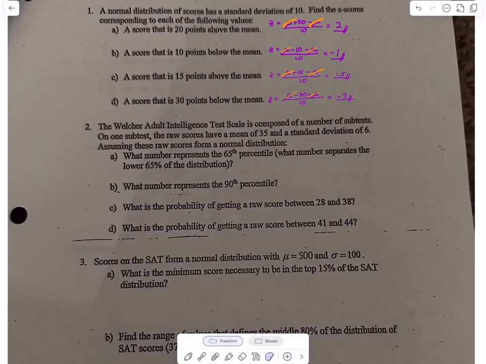That's fine. Okay. Oh, okay, so the lower 65.